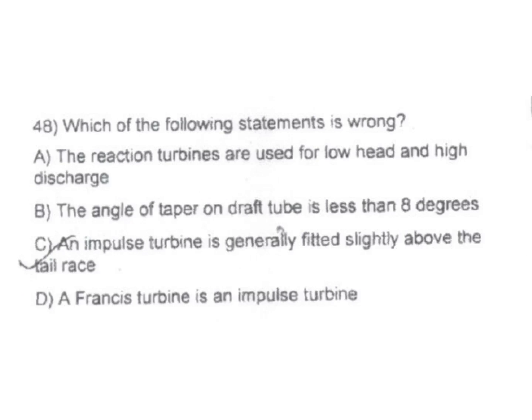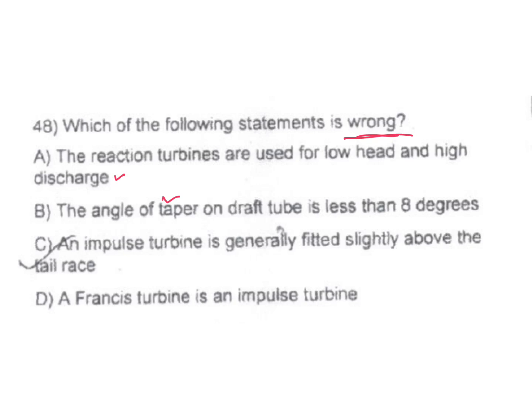Which of the following statements is wrong? A. The reaction turbines are used for low head and high discharge. This is correct. B. The angle of taper on draft tube is less than 8 degree. This is also correct. C. An impulse turbine is generally fitted slightly above the tail race.